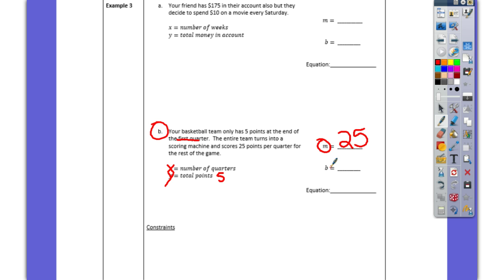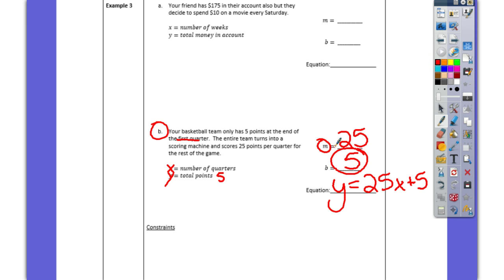What were the points that we started with after quarter 1? 5. So what is my equation going to be? 25x plus 5. Now saying there's 4 quarters in a game, but we already started out with this.